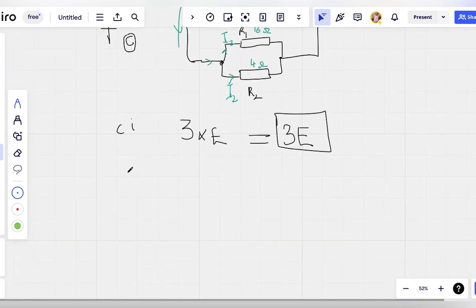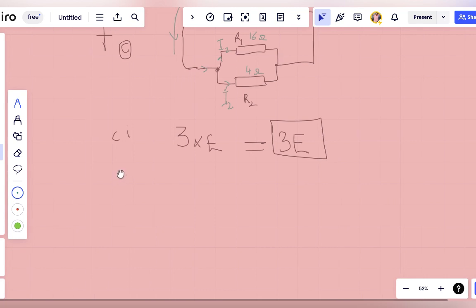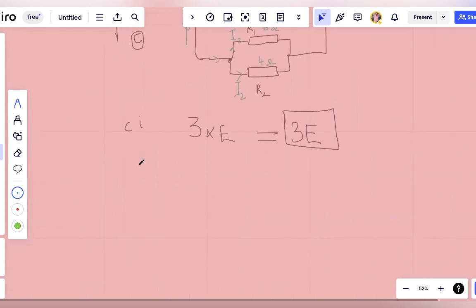So what we have in question 7 C Roman figure 2 is that IB is the current in the battery, which is the biggest of them all. In fact, that's the source.